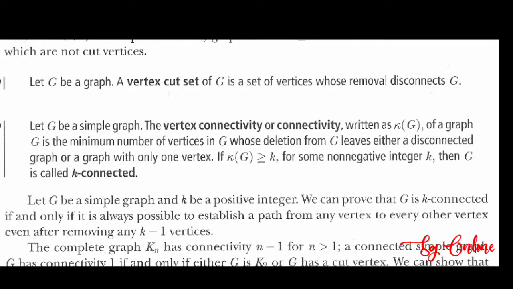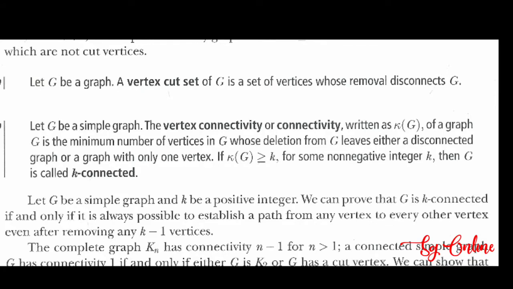So the vertex connectivity is the minimum number of vertices by deleting which we can get the graph disconnected or remaining only one vertex.